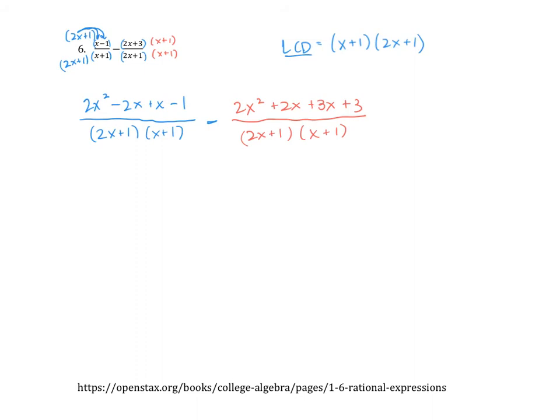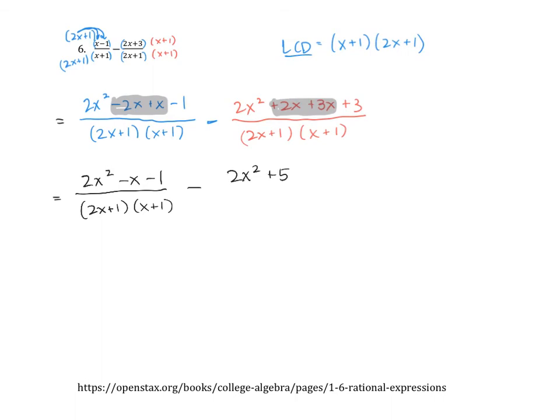The whole reason I multiplied these out on the top is because I need to combine all of my like terms. Here I have these x terms that are like, and here I have these x terms that are like. So I'm going to combine those first. So 2x squared minus x minus 1 over the LCD, minus 2x squared plus 5x plus 3 over the LCD.